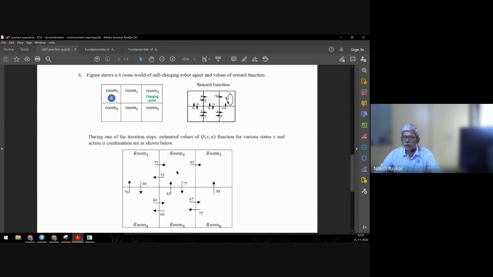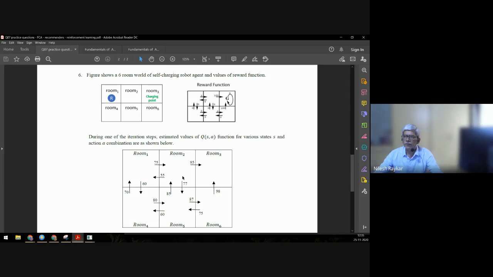Also, once that action is taken, the robot will get some reward as defined by the reward function at that instant. Based on the reward, the Q function value will be updated.